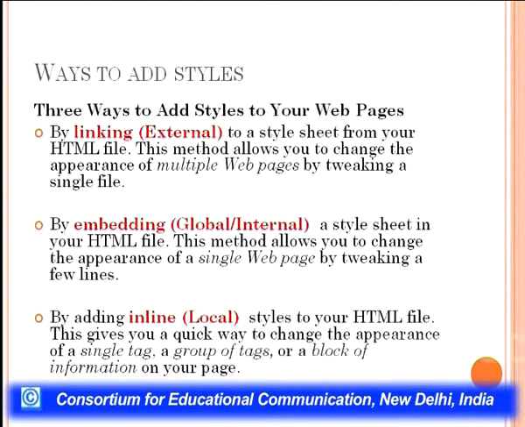So basically, when we say it is an external style sheet, it means that for your complete website you will be using one style sheet, and you will define that style element as a separate file, and all the other web pages will be linked to this particular file.